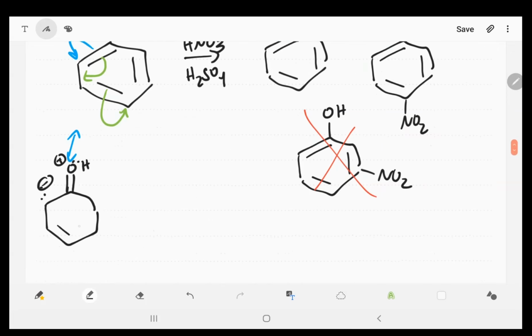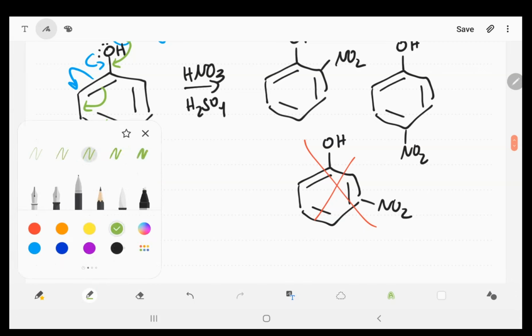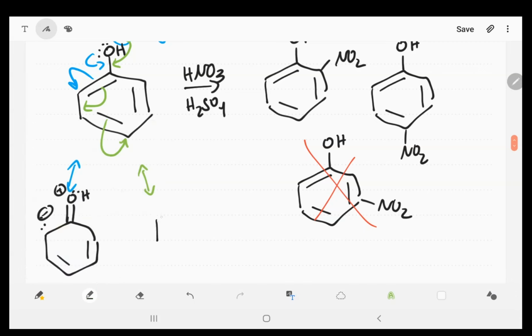The other two double bonds stay the same. And if we follow the green arrows, we end up with the same thing, but now we have our lone pair on the para position. And so now we can see this is a very good place to attack our electrophile, right?